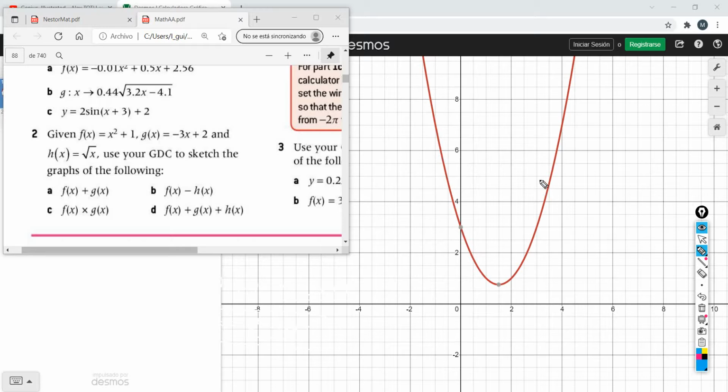This is technically the precise graph of the function, and the sketch would be, I'm gonna do it in here. You're gonna have to draw the axis, right? Not too well, you don't need a ruler or anything.